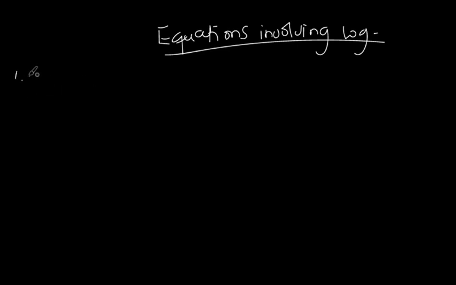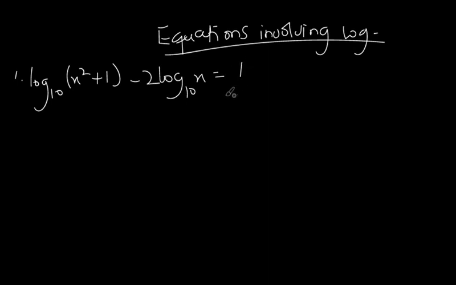So the first question is we have log base 10, then into bracket x square plus 1, minus 2 log base 10 x is equal to what? 1. So this is interesting. How do we solve this? Well, first of all, this is like log base a b, so we can repeat that. So log base 10 x square plus 1 minus, now does this look like something familiar?